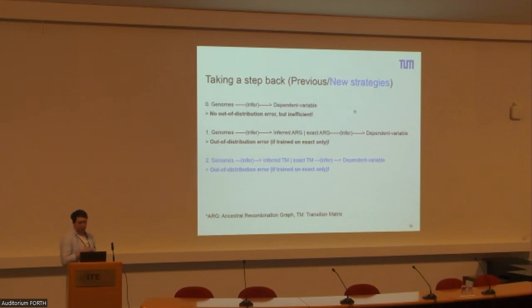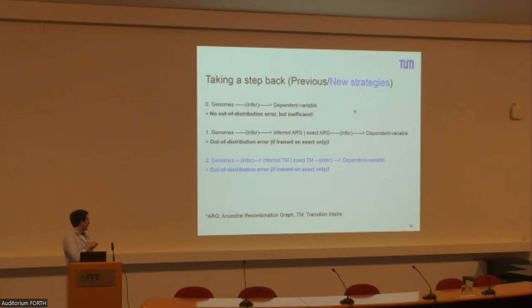You simulate some ARGs, you calculate the exact transition matrix from the ARGs, and have a second network which infers some variable, which is now a trivial problem because there are even analytical solutions for it. So you really get perfect demographies if you only train on exact transition matrices.